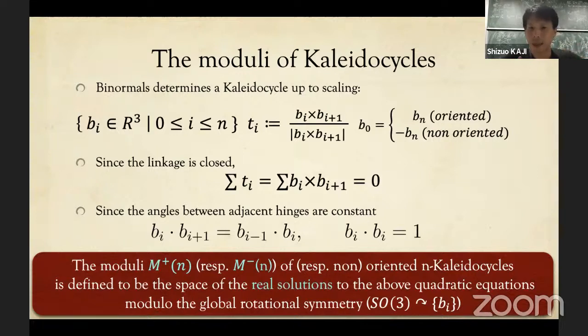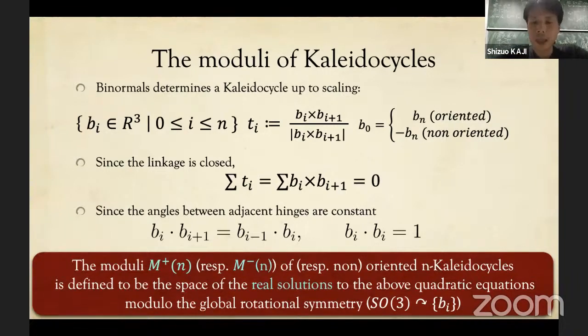Of course, here we need some generality assumption, which means if you have three collinear points on the curve, then you can't do this. But let's assume all three consecutive points are not collinear. Then you can always convert from the central line to binormal directions. This correspondence is called Darboux correspondence. So basically, it says considering a polygonal curve is equivalent to considering the set of binormal directions.